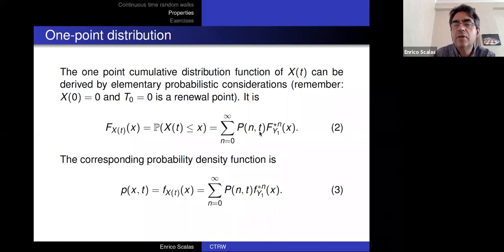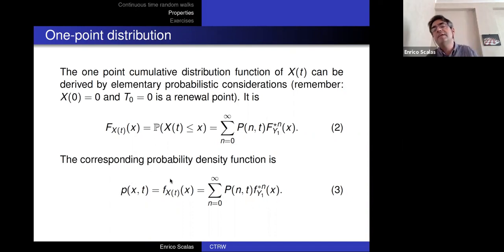This is not depending on x, this is depending on x, so it is just the density function of going up to position x in n jumps. So you take the derivative of this, the derivative is this one.